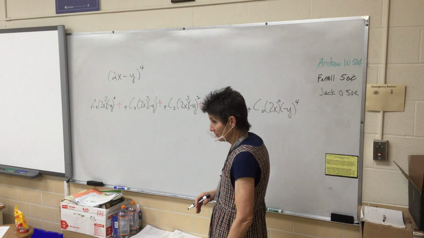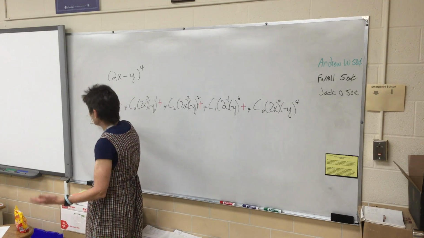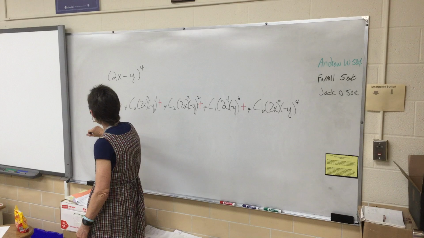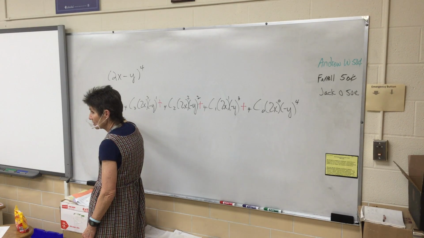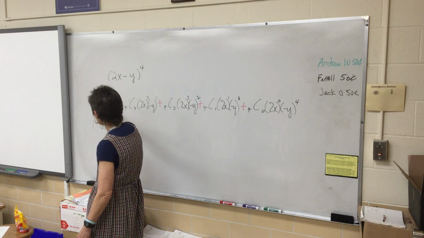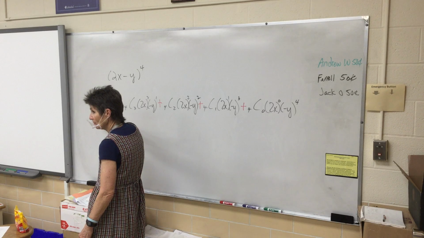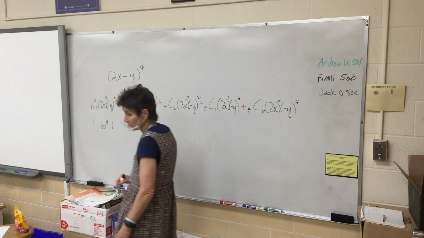So now we simplify. So I will save time, I have these memorized. So 4c4 is 1. 2x to the fourth is 16x to the fourth because you have to take the 2 to the power also. And then that's just 1. Anything to the 0 power is 1.